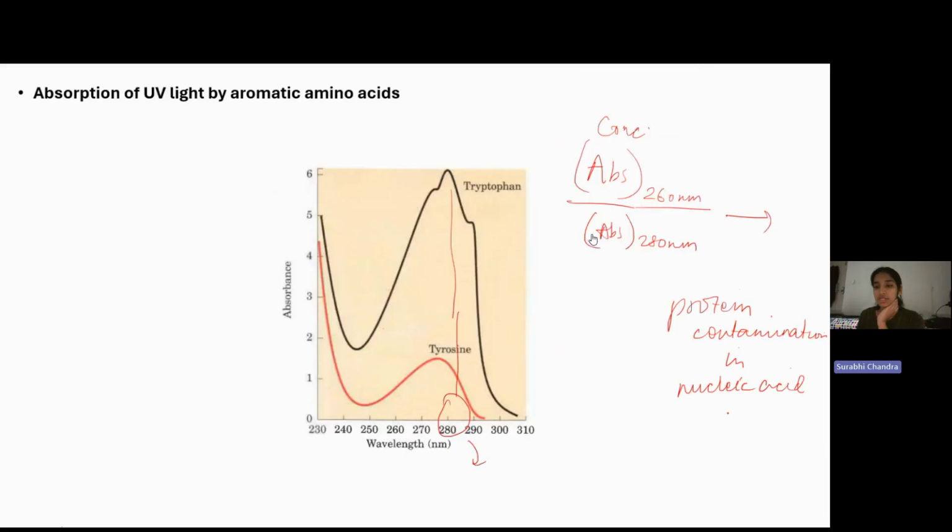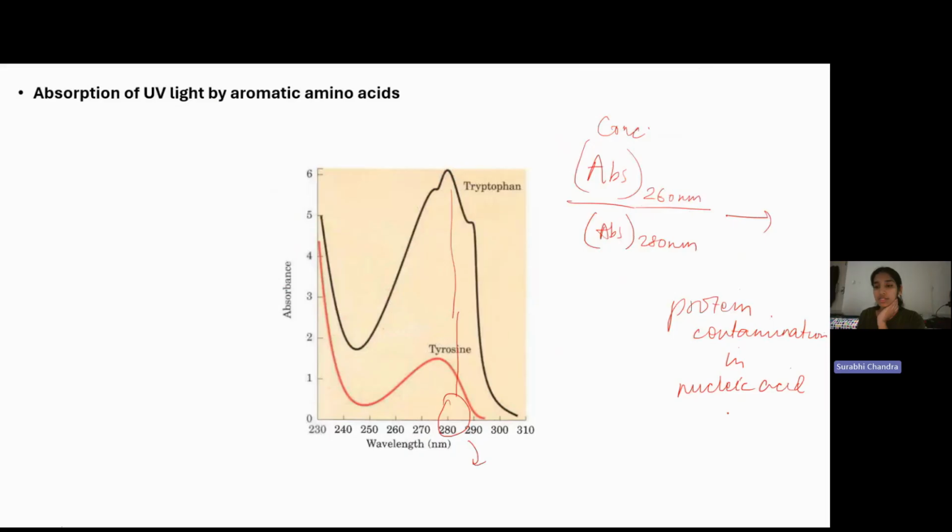Similarly, because proteins absorb at 280 nanometers and nucleic acids absorb at 260 nanometers, we take this ratio to check the purity of the purified nucleic acid. The A260 by A280 ratio should range from 1.8 to 2.